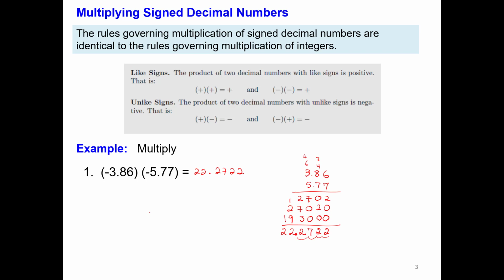Then in the test, you can use your calculator to check if the answer is right. But if you had to show your work, then you had to show this procedure in the test. Okay? You had to show how you multiply these two numbers. Again, you can check if the answer is correct using the calculator.